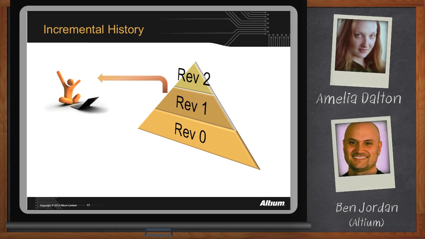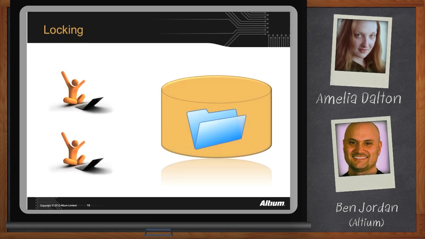So to get around this issue, version control systems support what's called locking. And this is where two different developers may check out the design sources from the repository. But let's say I'm the master developer and I'm working on the files and I know I'm going to make some changes to a given specific schematic or PCB document or C code file, whatever it is.